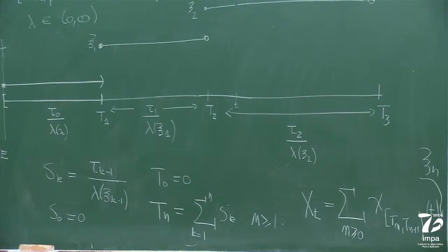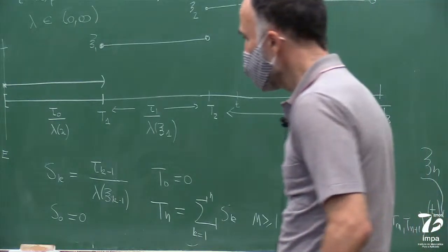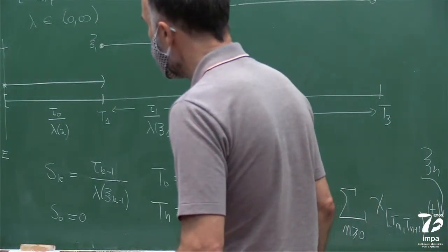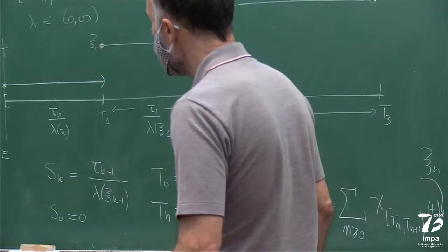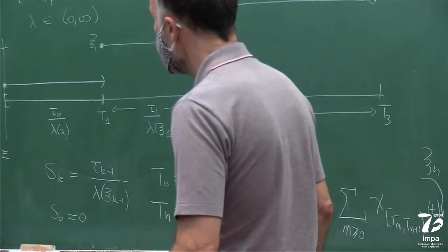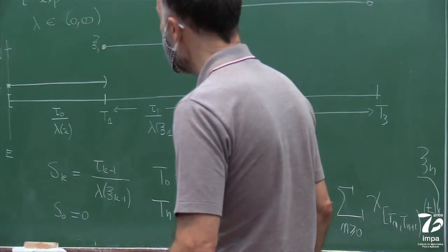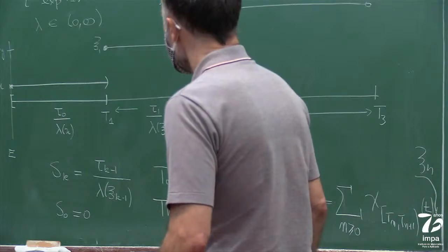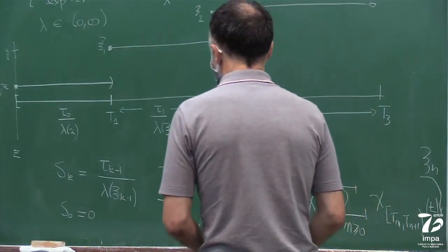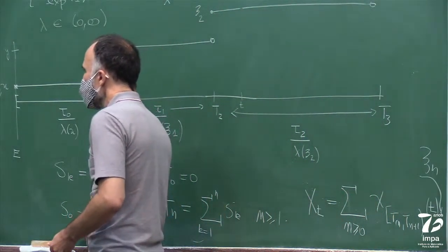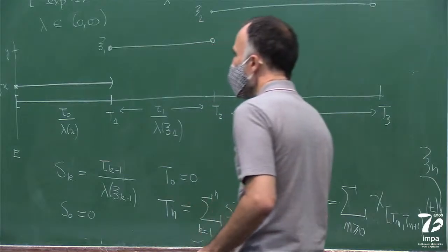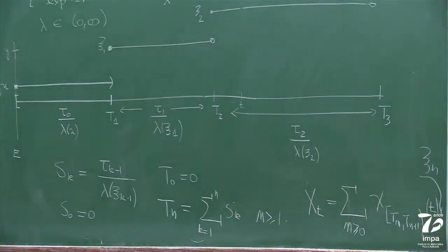What's the question? If we can work without discretizing the chain. What we are doing today is constructing a process, and I'll show that this process is a Markov chain.